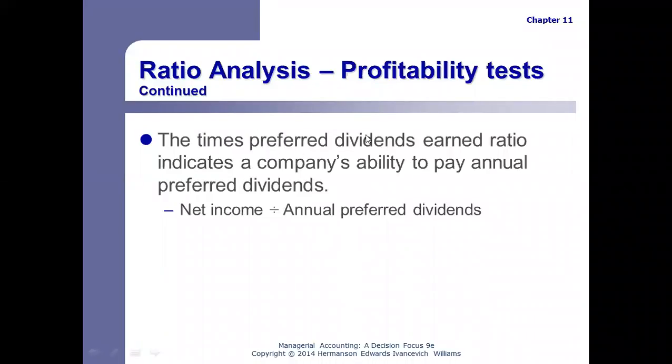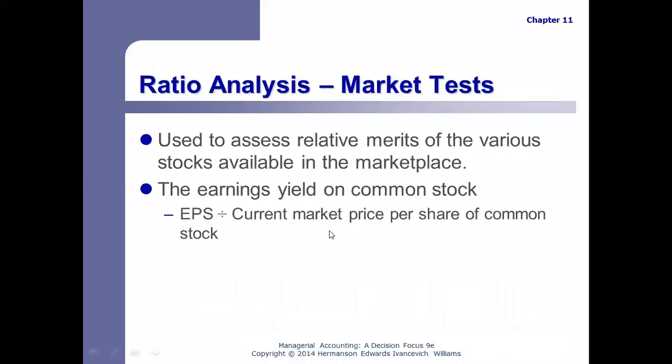This times preferred dividend ratio, don't worry about this much. Okay, this earnings yield is more of a finance class topic, but just to touch on it, the earnings yield means your earnings per share divided by the current market price of the common stock.